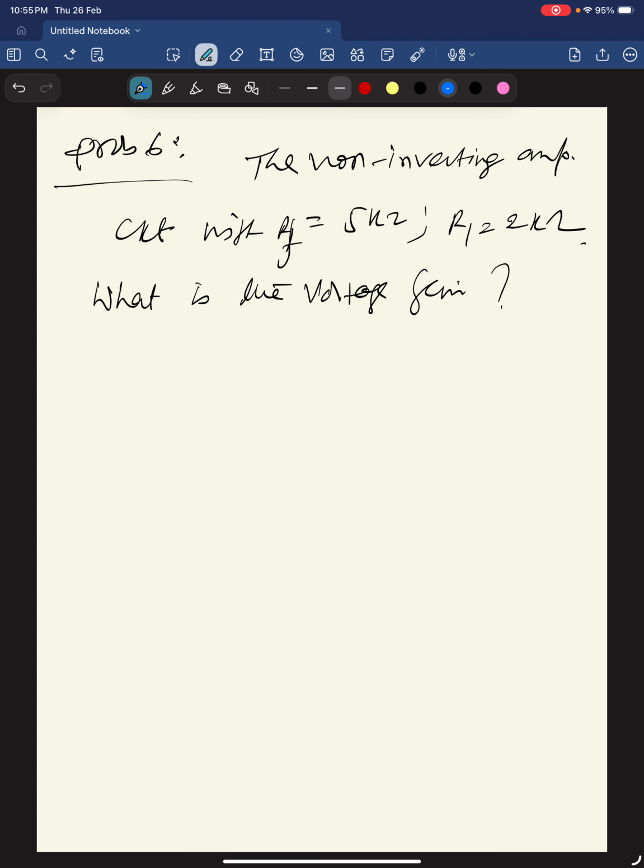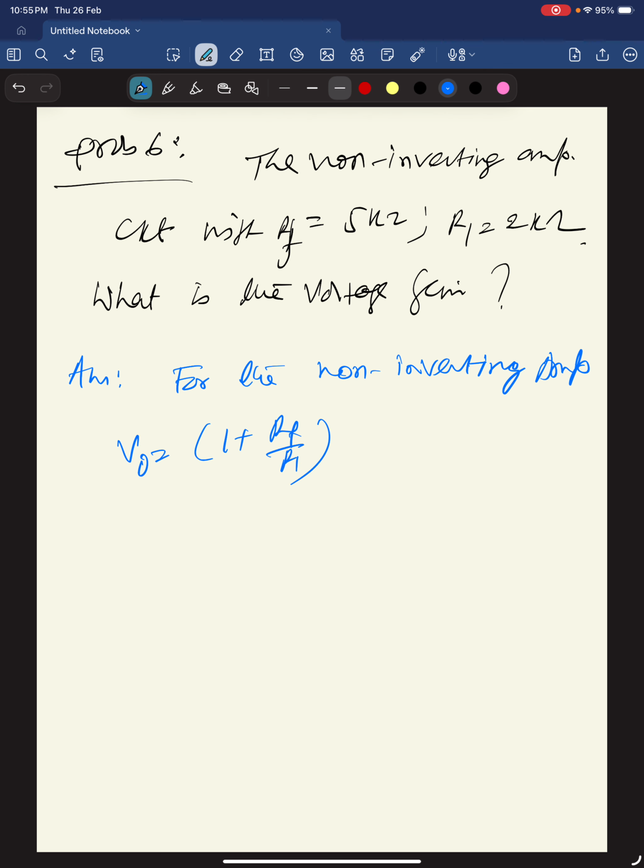So as per our knowledge, answer for the non-inverting amplifier, V0 is equal to 1 plus Rf by R1 into Vi. From there, gain is equal to V0 by Vi is equal to 1 plus Rf by R1.